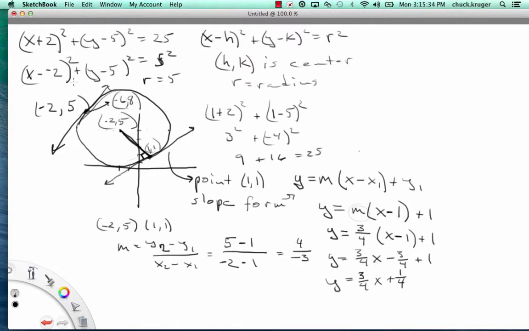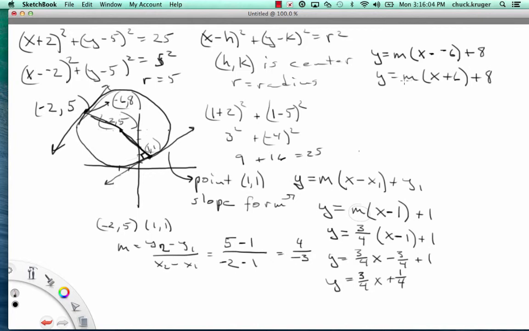If you plug −6 and 8 into here, you'll see you'll get 25. So I'm going to have a radius here. So now I know, using my point-slope form, I do not know my slope, but it's going to be x minus negative 6, my x value, plus 8. So I can rewrite that as y = m(x + 6) + 8.